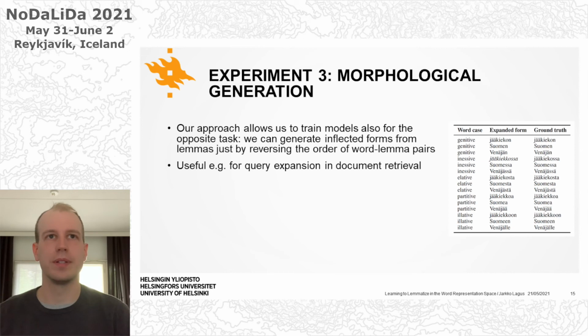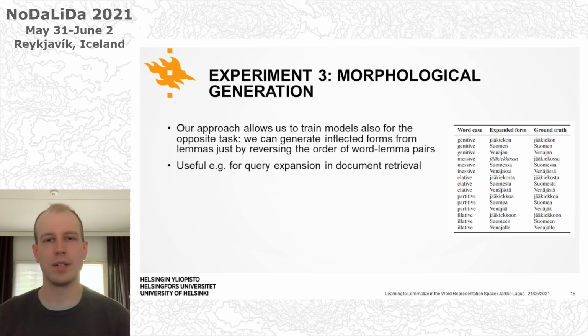And for the third experiment, we did this morphological generation. We reversed the order and saw if it can create appropriate inflected forms, and it does incredibly well in this case. It is able to create all the forms that we tested, and when measured, the correct lemma is the closest one.